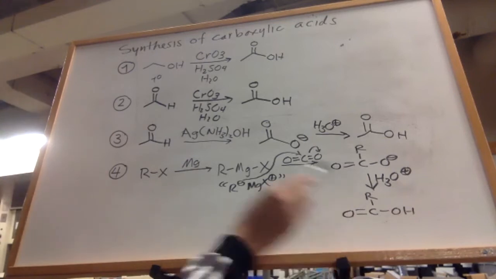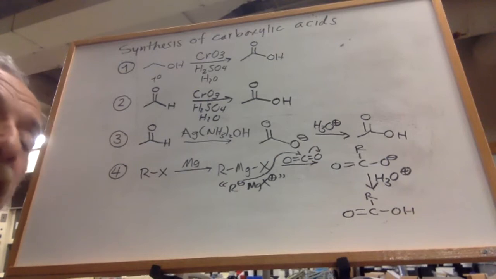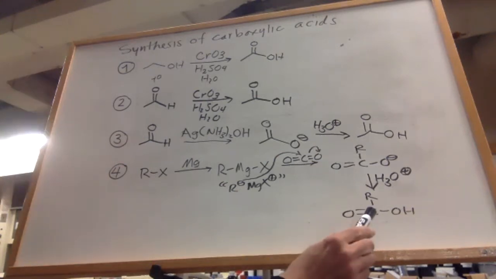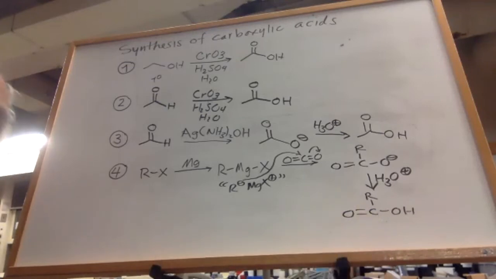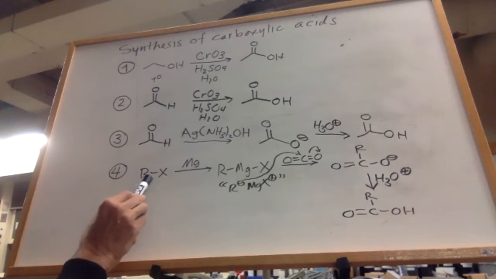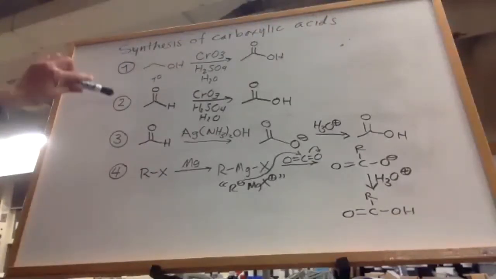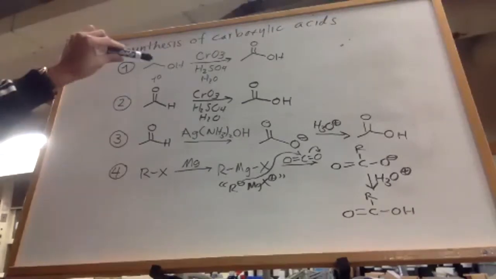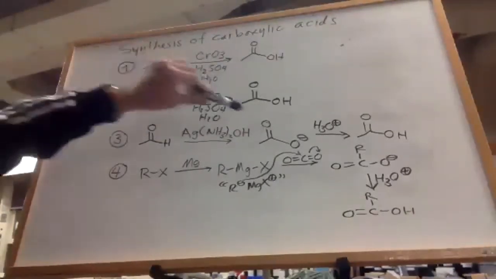All right, so one of the things I'd like to point out about this procedure here, the carbonation of a Grignard, is that the carboxylic acid that we get here has one extra carbon from the organic starting material we started with here. So that's different from what happened in 1, 2, and 3. We didn't add any extra carbons. So that carbon got oxidized, that carbon got oxidized, that carbon got oxidized.